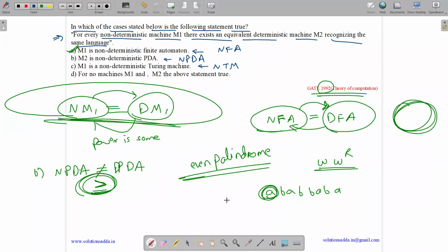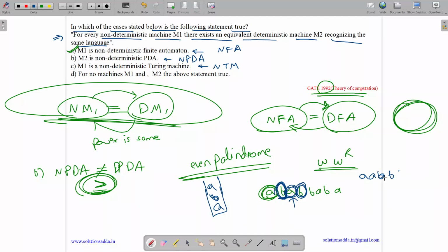Either we will push to the stack, or, for each item, we need to decide whether we push it to the stack or this is our middle item and we need to start popping. Like suppose we get A over here. Now top is B, so we will push it. Now we get B. Then we have to make a decision whether we want to pop it by matching to the top of the stack or we want to push it. Let us suppose the string was something like this: A, B.